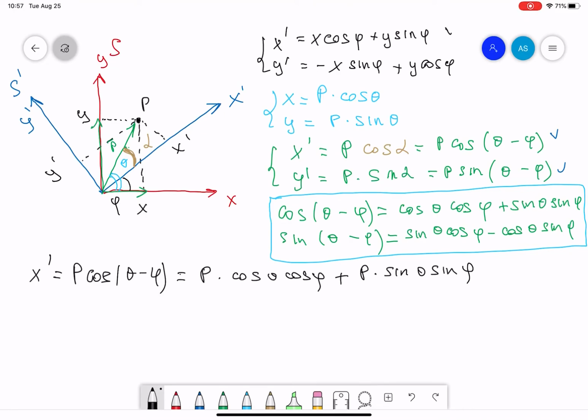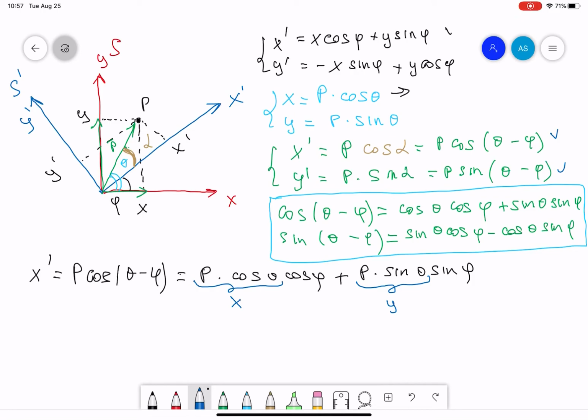Now we know that x is equal to P times cosine theta, very simple, so this one is equal to x, and that one is equal to y, correct?